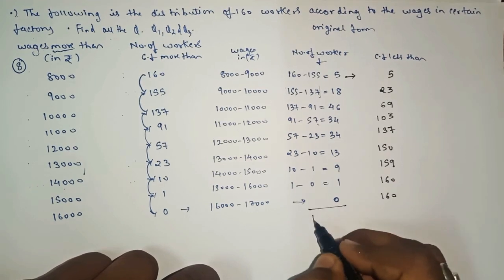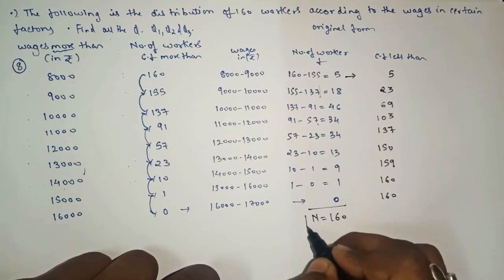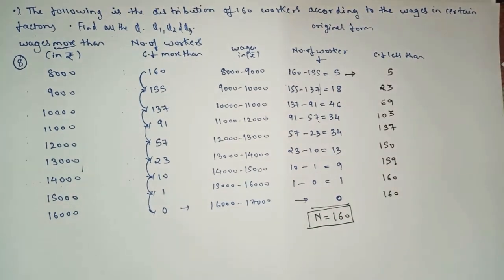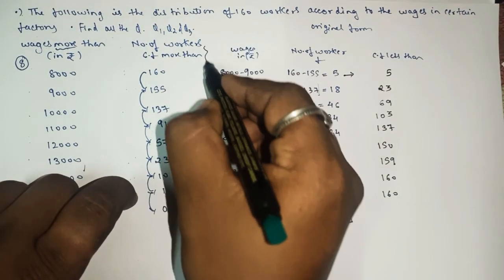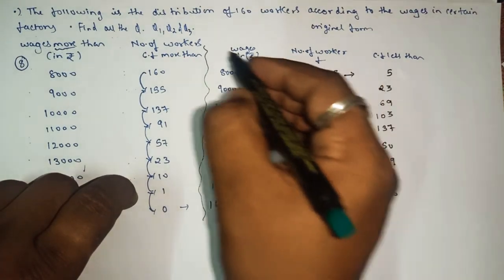So of course here the value of n will be 160 only. So here we got our original table.